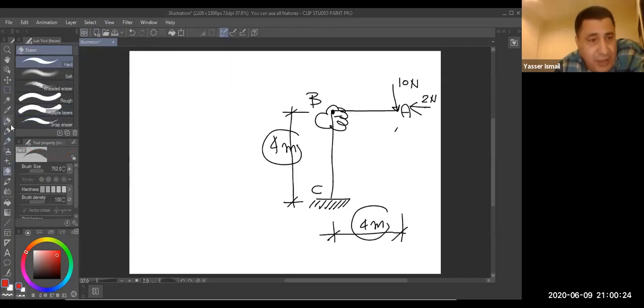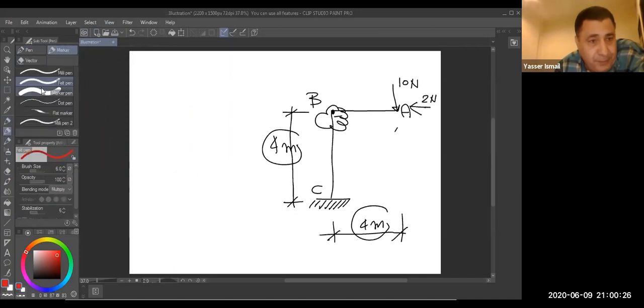The reaction here is YC, XC, and the moment. Let us see the moment here. We have two different types of moment.